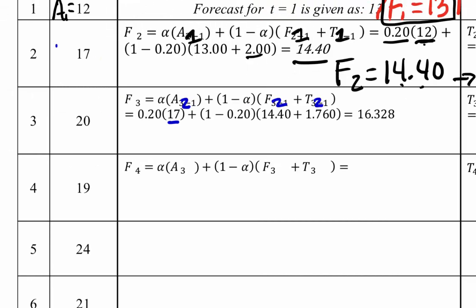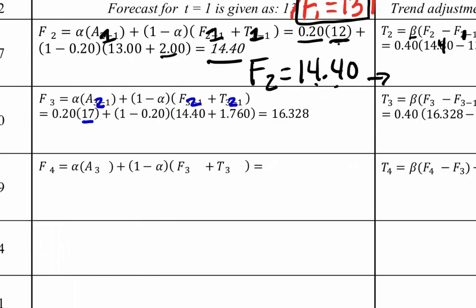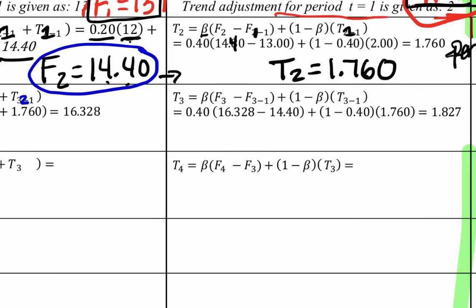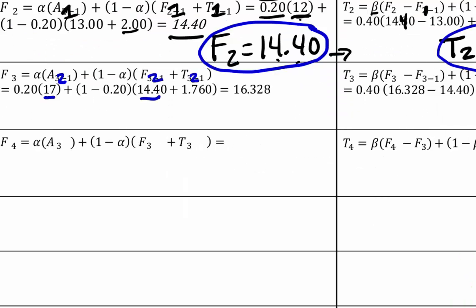A of 2 is equal to 17, minus 1 minus alpha, and then we have F of 2, which we've got right there, plus T of 2, which is right here. So we end up with F of 3 is equal to 16.328.